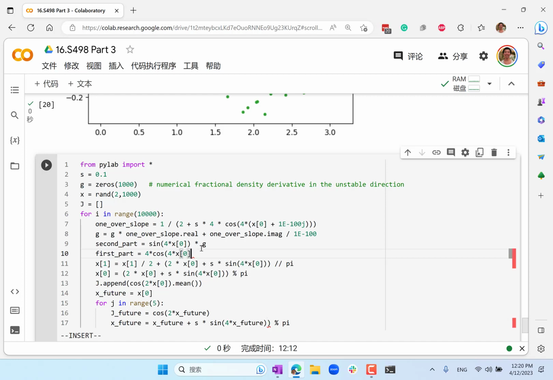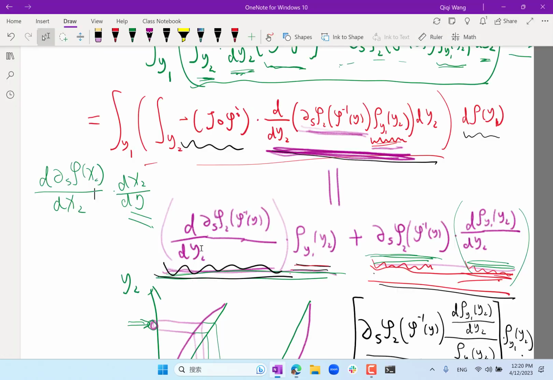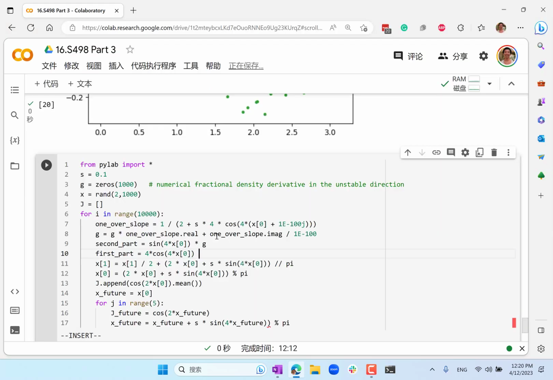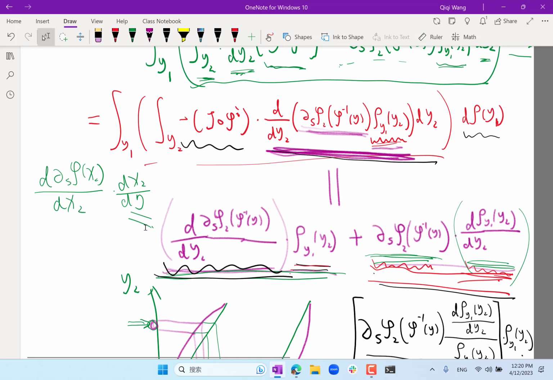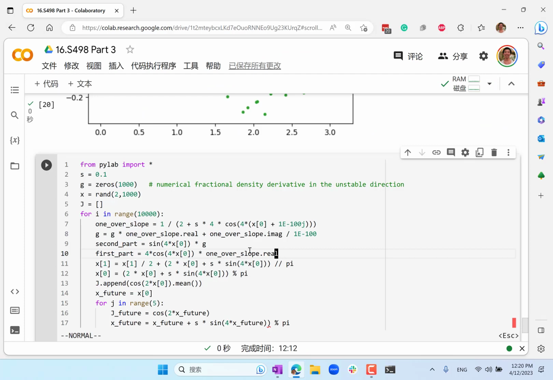So that's the derivative, and then we want to multiply it with a 1 over slope dot real. Okay, so that's the dx over dy, so that's 1 over the slope, right? And that's it. That's the first part.